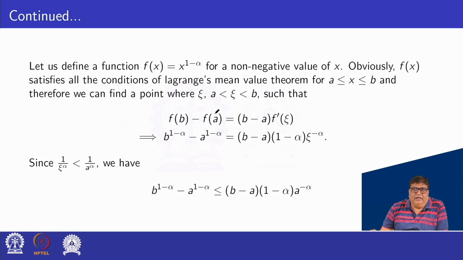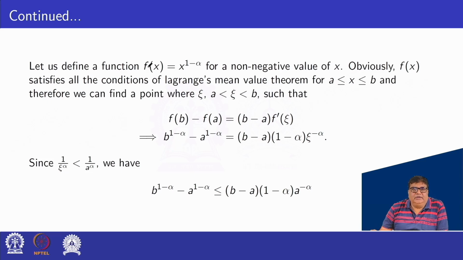So, by Lagrange's mean value theorem, f dash, meaning the derivative of function f(x) at the point xi, satisfies this condition: f of b minus f of a is equal to b minus a times f dash xi.